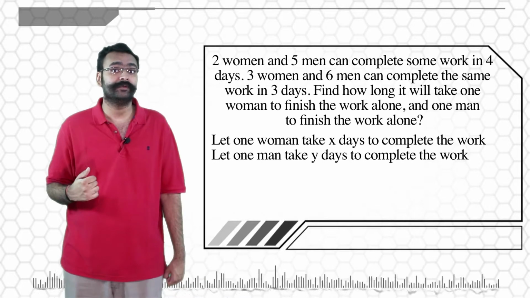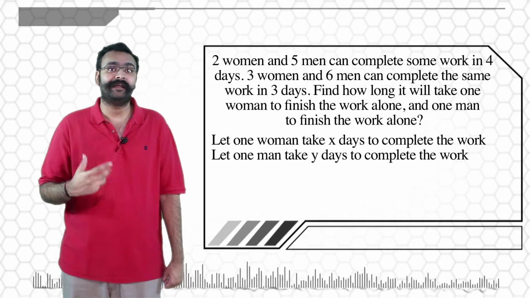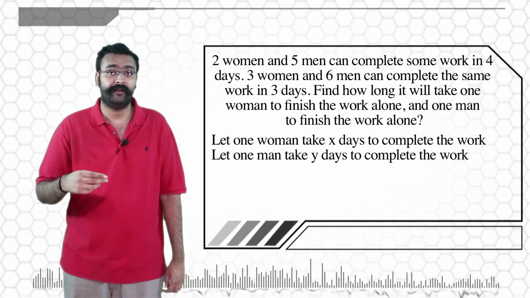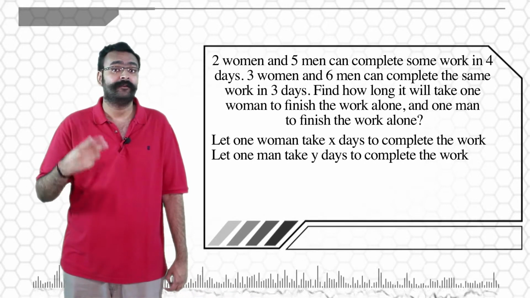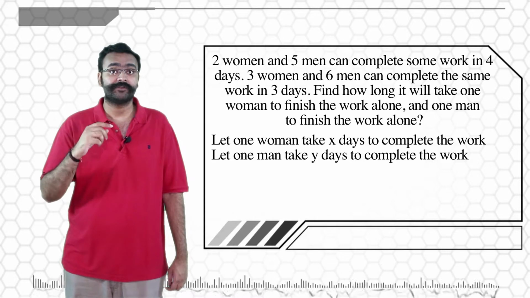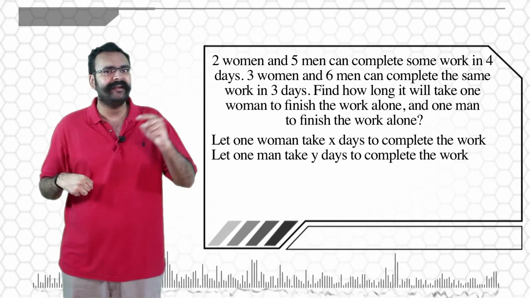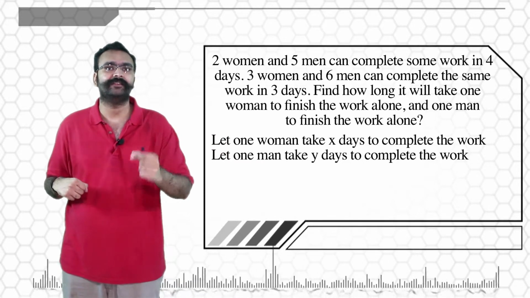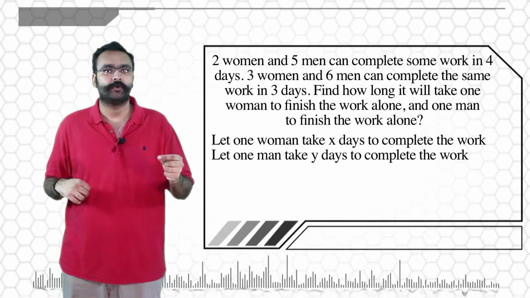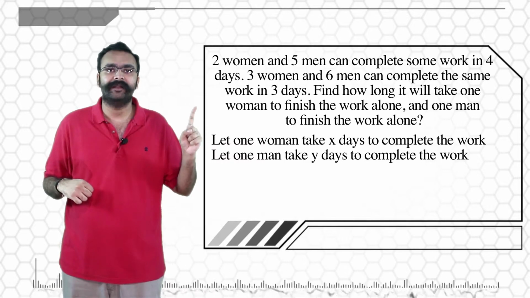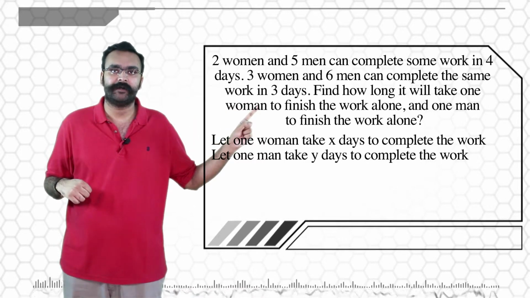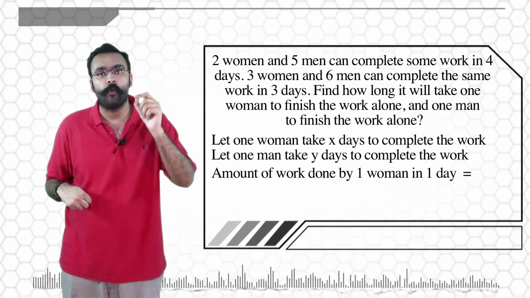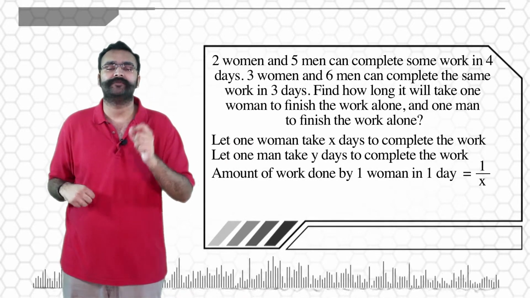If I have 2 clones, both of them will do 1/10, I am doing 1/10. So the total is becoming 3/10 per day, 4/10 per day, so on and so forth. So if it takes me 10 days to finish the work, in 1 day I'll finish 1/10 of the work. So if it takes 1 woman x days to finish the work, in 1 day she will finish 1 upon x amount of the work.